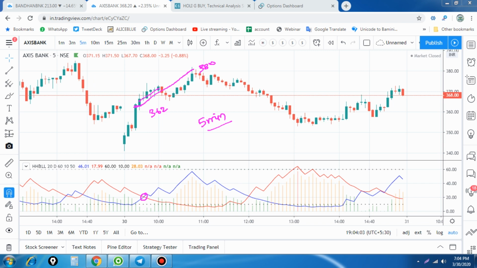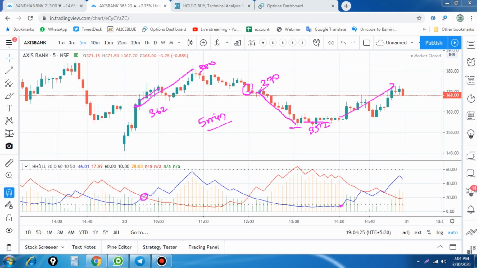At one point it started reversing from the high, and again we got a sell crossover here, from around the 370 level, and again it came to 352. From here it was very flat, and again it reversed and ended higher.